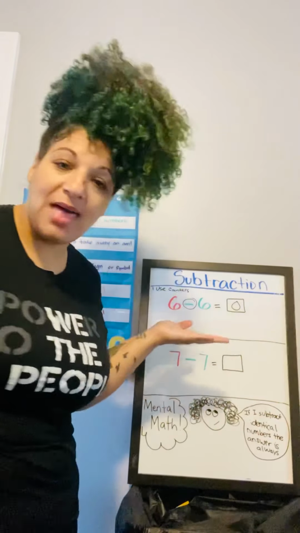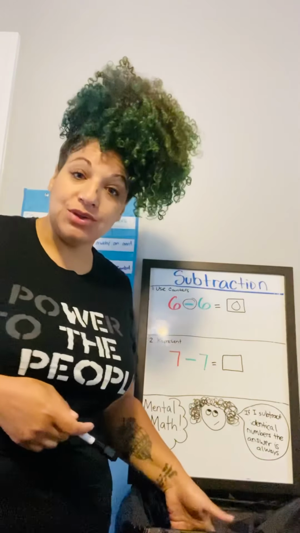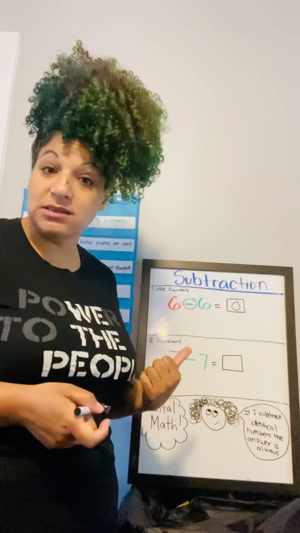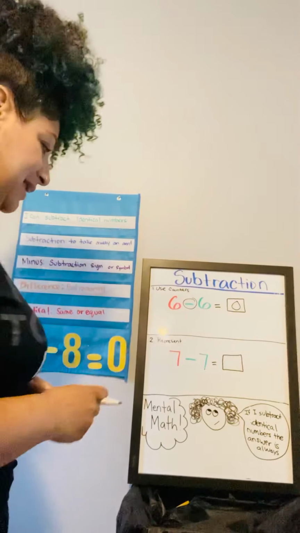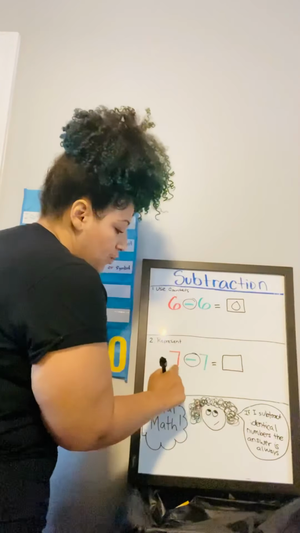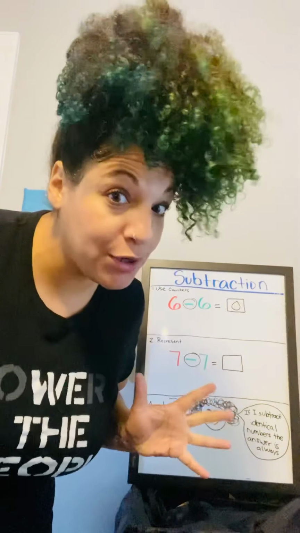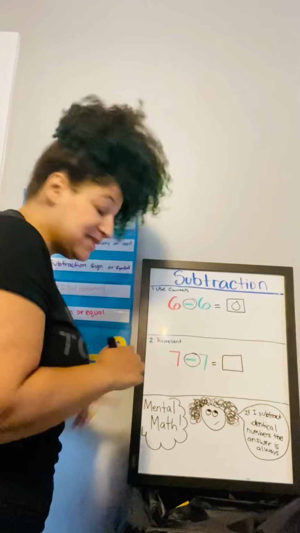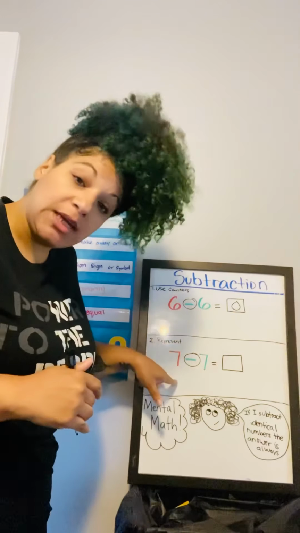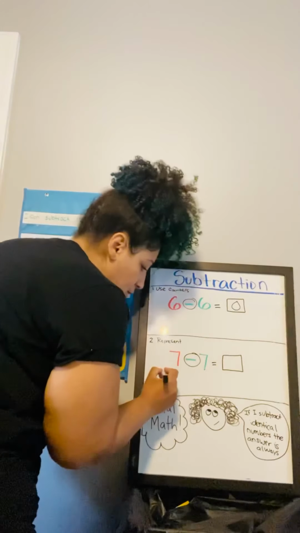You have nothing left. Now, if I don't have counters, I can represent this or draw this out. When we draw it out, we represent the whole number first. It's our only number that we're going to be drawing or representing. In subtraction, you only represent the first amount. So here I go.